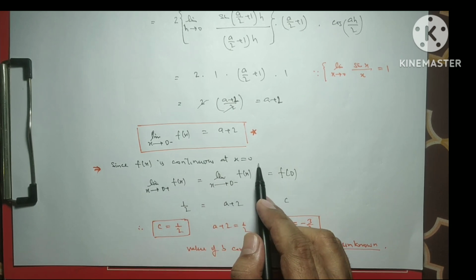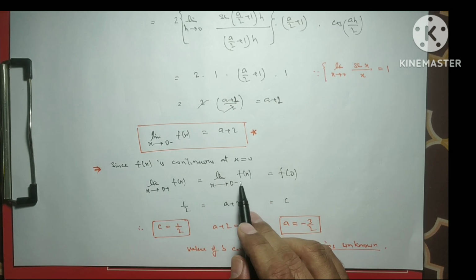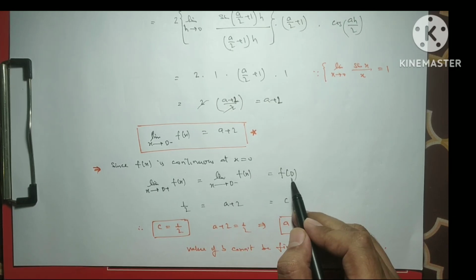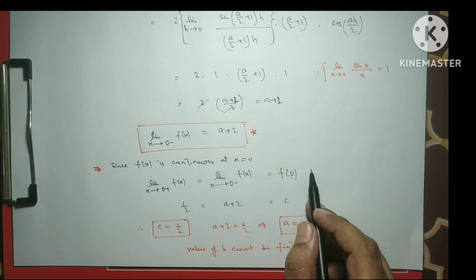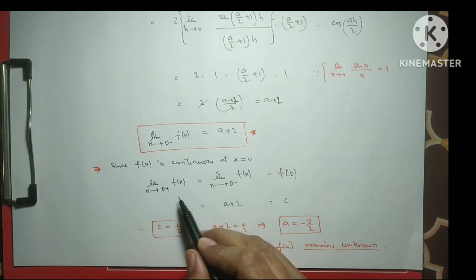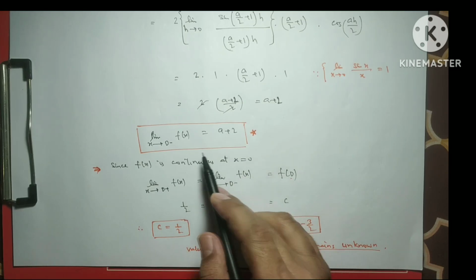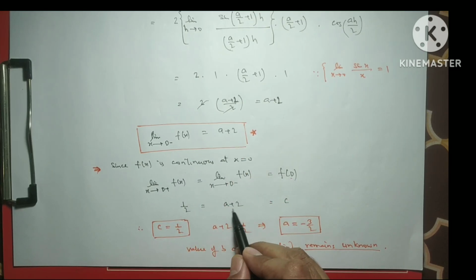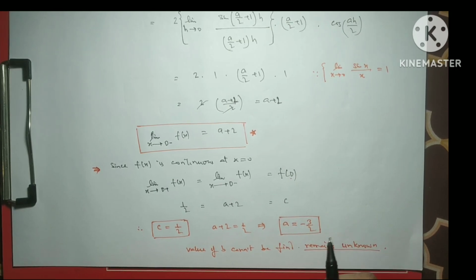As we know that the function is continuous at x equals 0, the right hand limit, left hand limit and the value at the point are all equal. According to our simplification, the right hand limit is half, the left hand limit is a plus 2, and the value at the point is c.